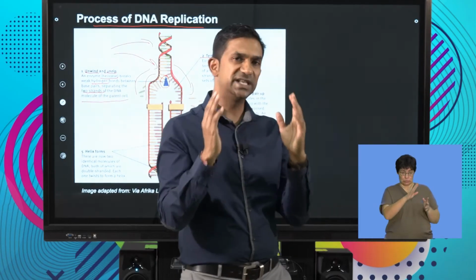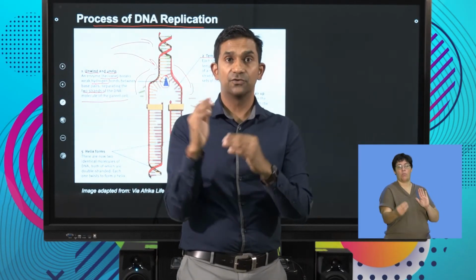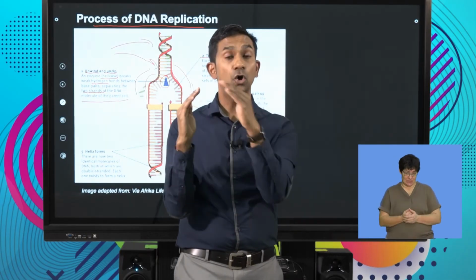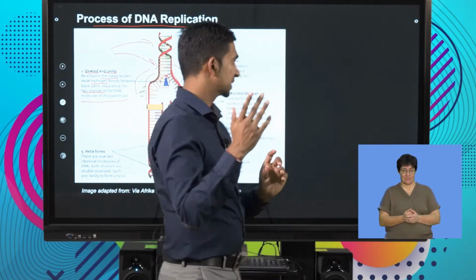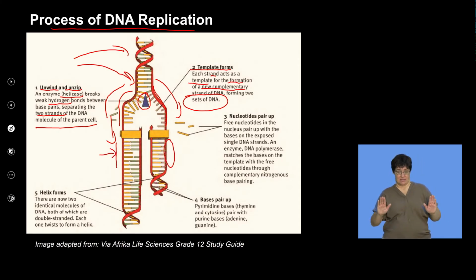So we've got two templates that are now serving as a reference strand for us to copy complementary DNA. Each strand acts as a template for the formation of new complementary DNA, forming a set of two DNA strands. Further down, we see the template on the one strand, and here we have the template on the other strand.